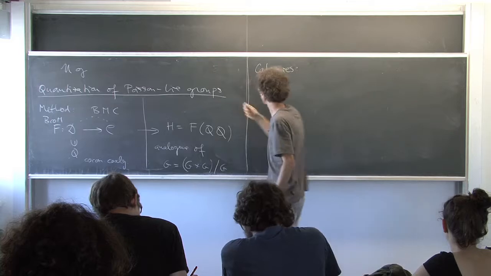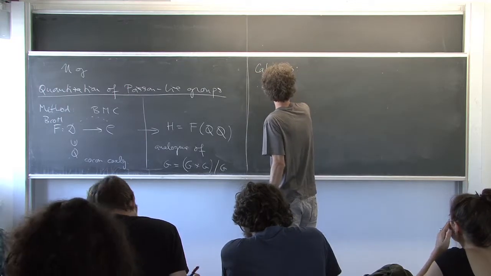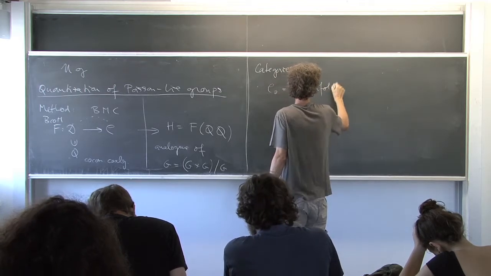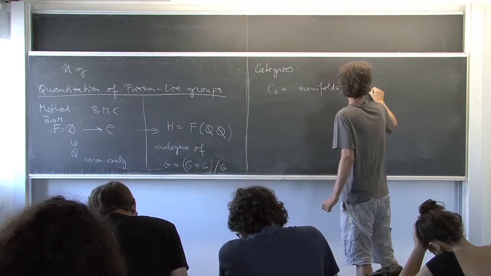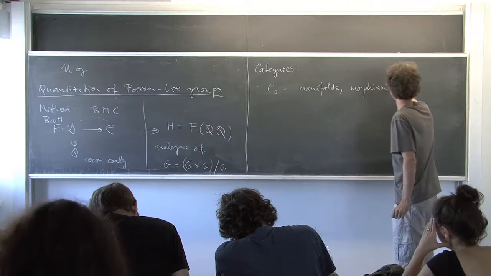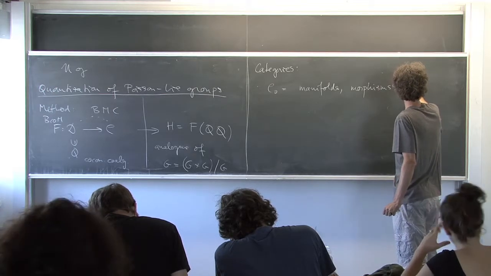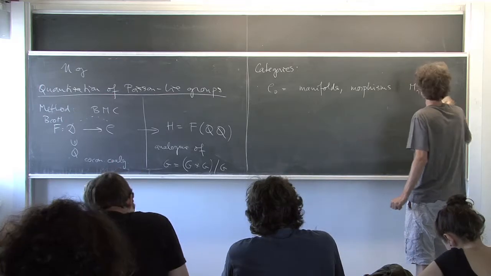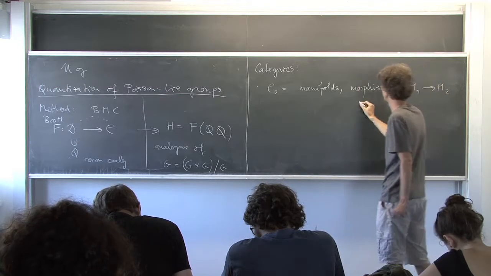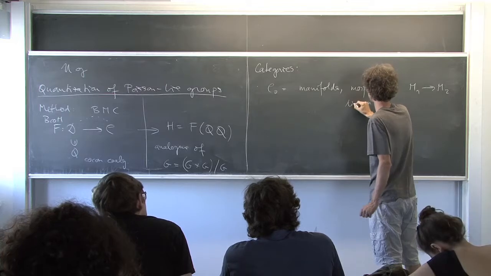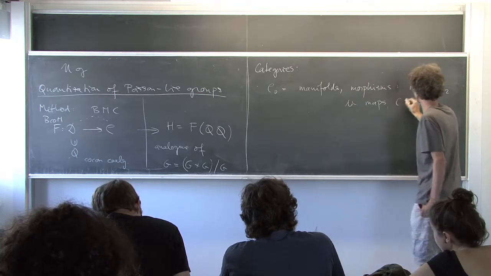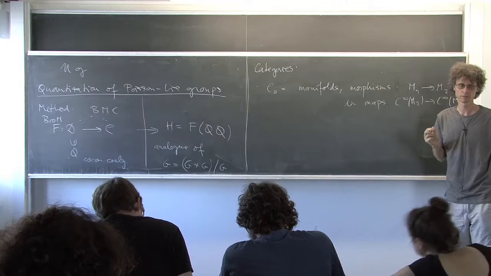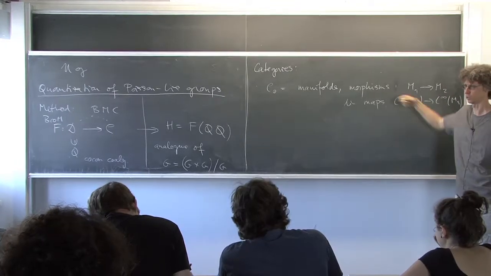So C0 will be these manifolds, or C infinity, and morphisms, whatever I say, something from M1 to M2 will be, by definition, linear maps going from C infinity of M2 to C infinity of M1. And composition is defined as composition in the opposite sense.